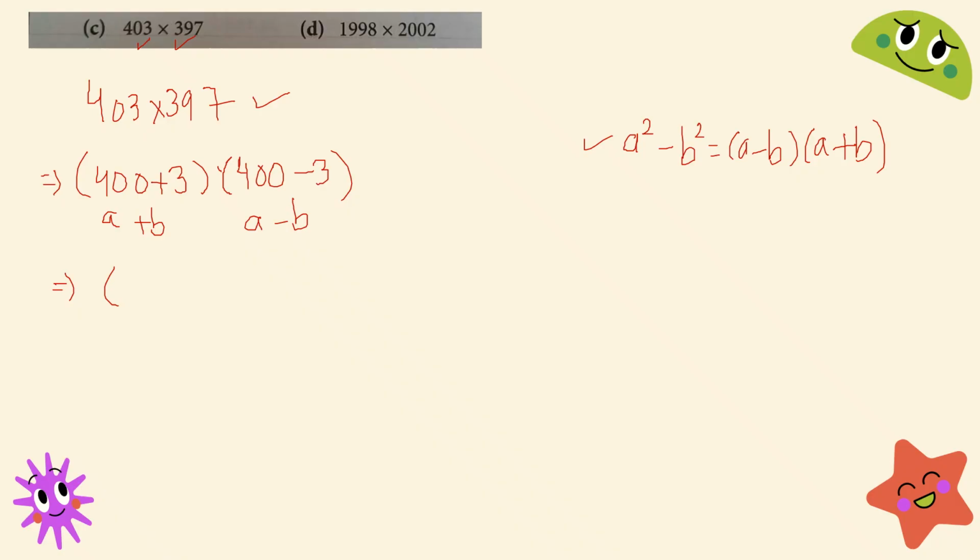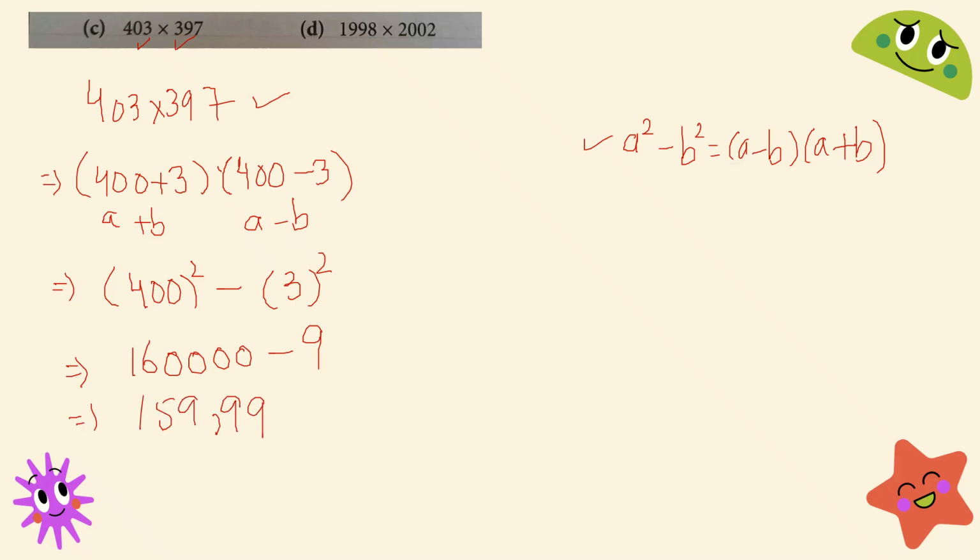So for the first one I will be writing a squared, that is 400 squared, and then a minus in between, and then I have 3 squared. Now 400 squared is 4 multiplied by 4 is 16, and 1 2 3 4 zeros, right? And then I have minus 9. Now what will be 160000 minus 9? It will give you 159,991, and this will be the required answer.